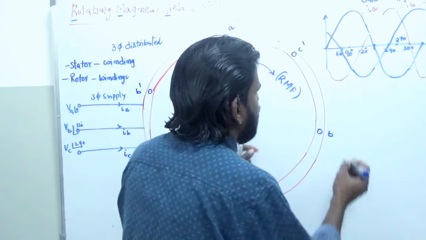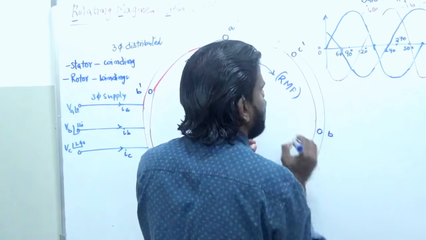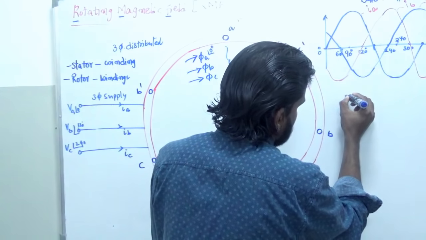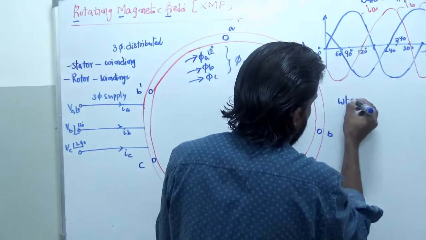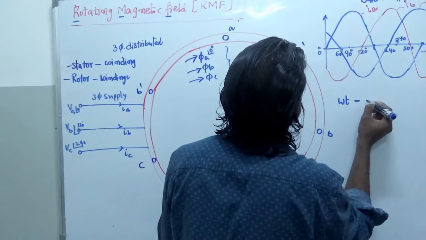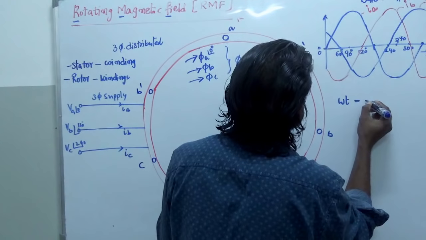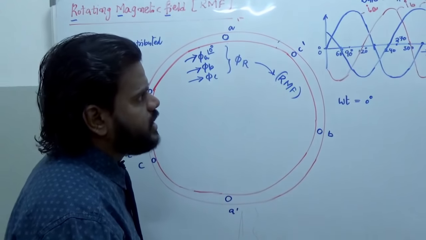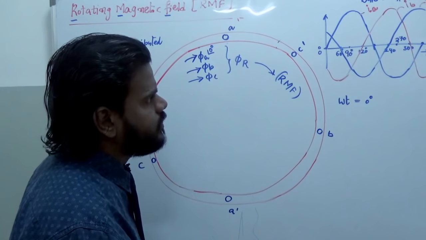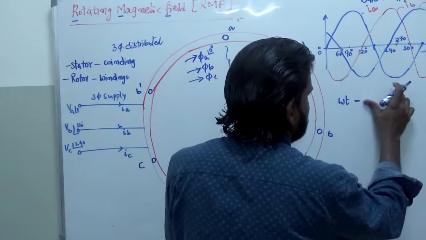Now you see this is your 0 degrees. Let me take omega t equal to 0 degrees. Actually, not at 0 degrees, let's take 30 degrees.